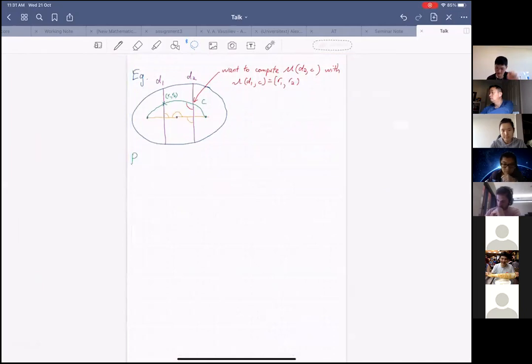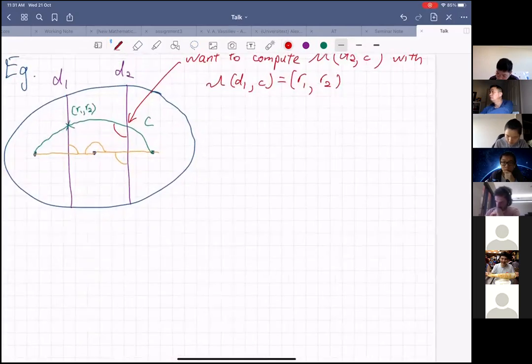So okay, let's do it. So do this example. So we need to get a loop out of this. So how should we do it?